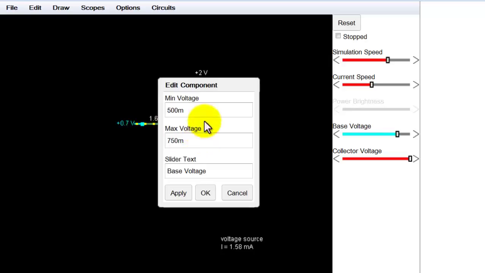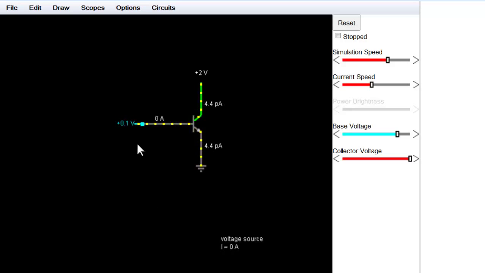Suppose I give a lower voltage over here, that means suppose I give 0. So what we see is that the current has ceased to flow and the switch is off now.